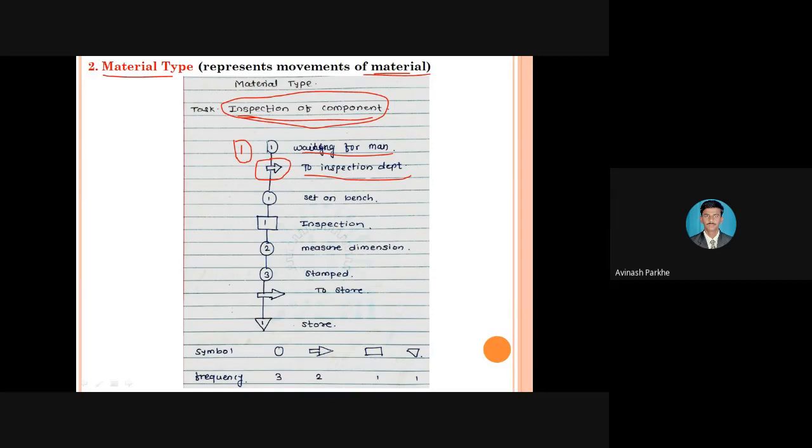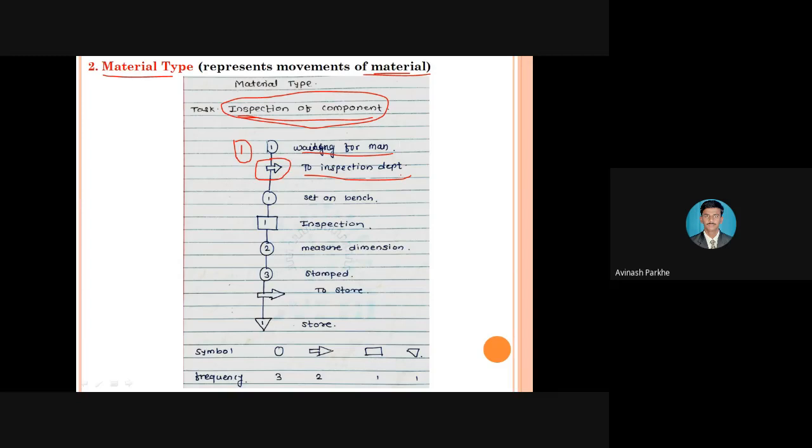What does the second symbol represent? Transportation. And what is the meaning of that? To the inspection department. It means that the man has already taken the component in his hand and starts moving towards the inspection department. But here, instead of representing the movement of the man, I am representing the movement of the material.